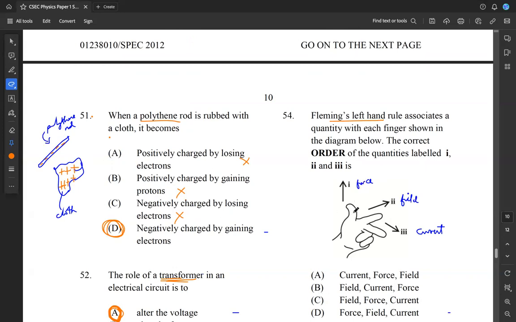Remember, with Fleming's left-hand rule, the thumb represents force or thrust. The first finger, our index finger, represents field. And our second finger, our middle finger, represents current.